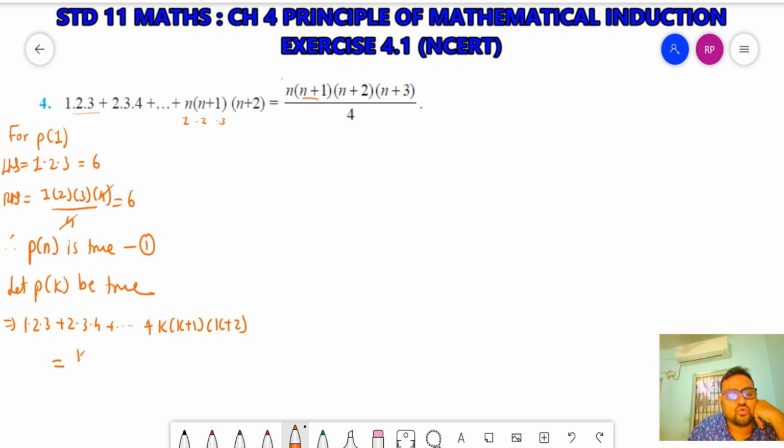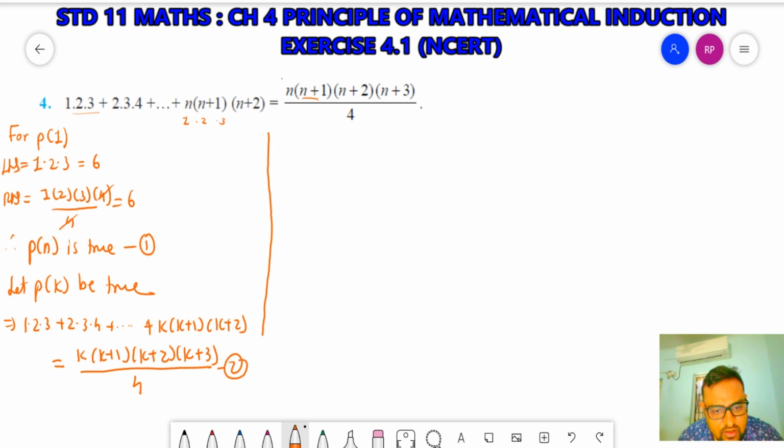This will be equal to k into (k plus 1), (k plus 2), (k plus 3) upon 4. Okay, so this is about P of k.